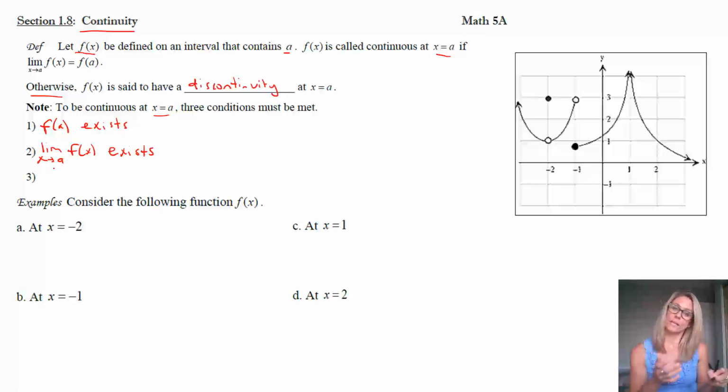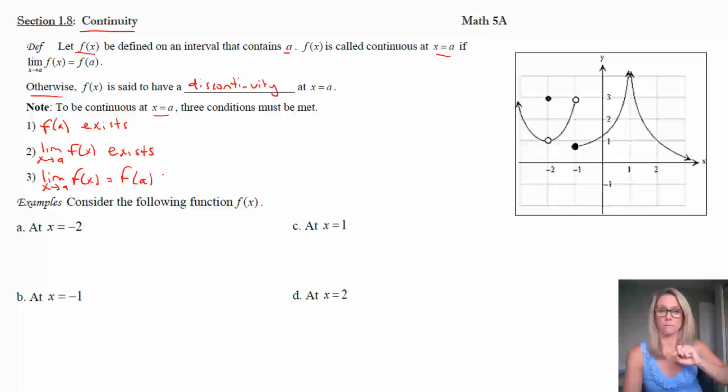And then, of course, the key thing is that the limit as x approaches a of f of x needs to equal f of a. So if any one of those things is not true, you do not have continuity at a point. You are not continuous.